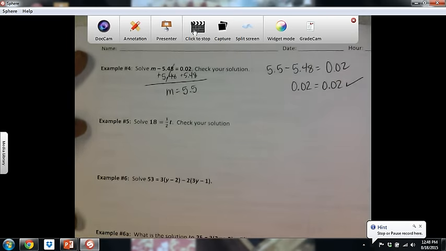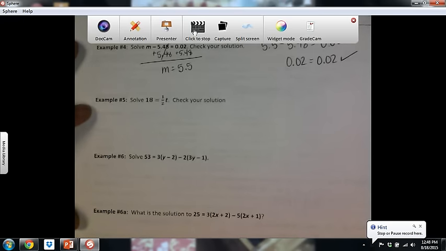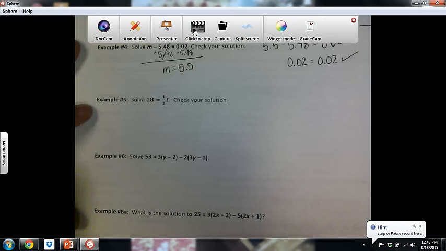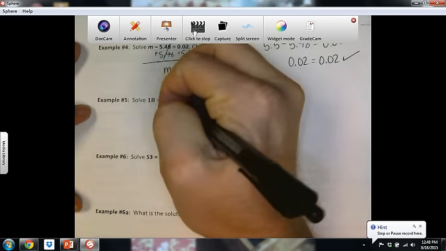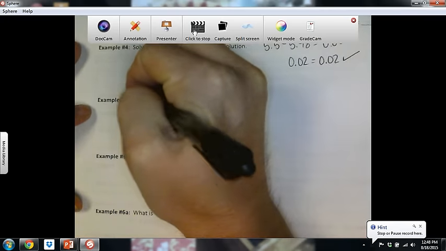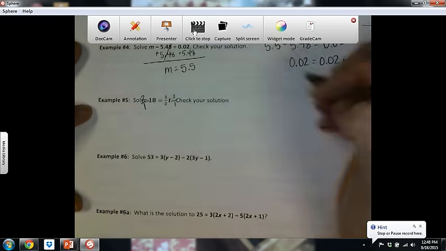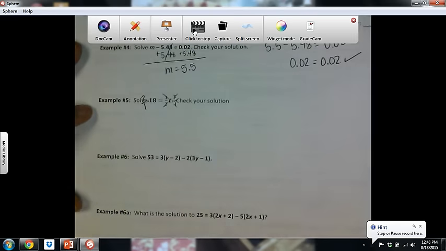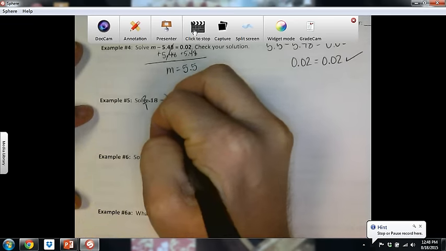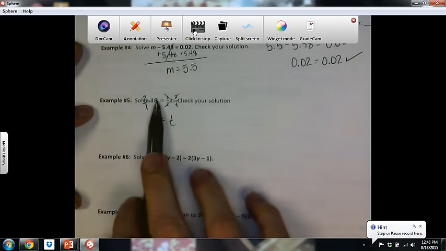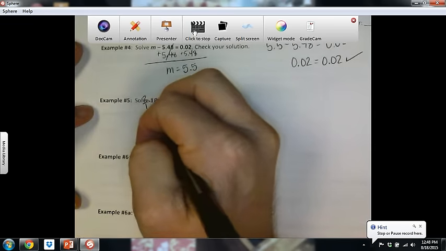For number 5, we've got 18 equals 1/2 t. If I'm multiplying by a fraction, to get rid of that fraction, I multiply by the reciprocal. So I'm going to multiply both sides by 2/1 here, which is the same as 2. The 2's cancel and the 1's cancel, leaving just t. And 18 times 2 is going to give me 36.